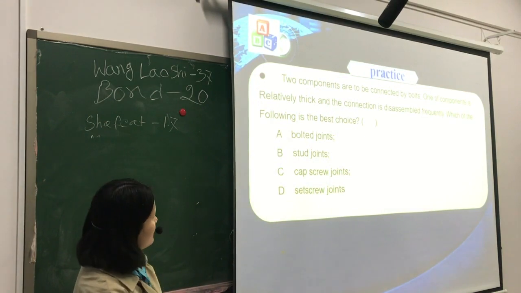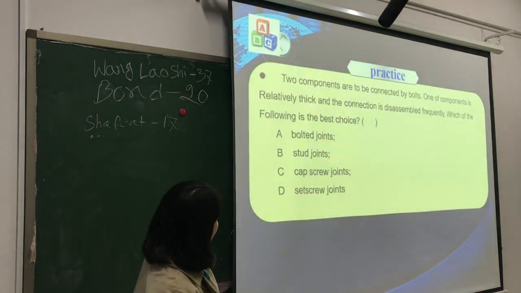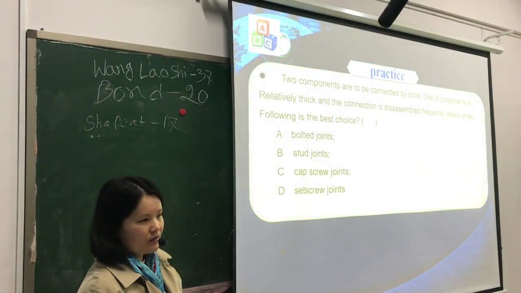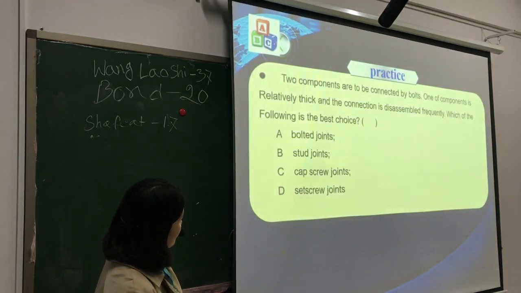One of the components is relatively thin and should be disassembled frequently. Which do we use?